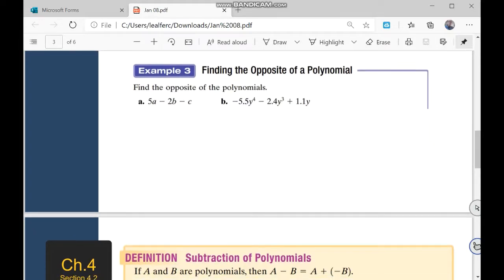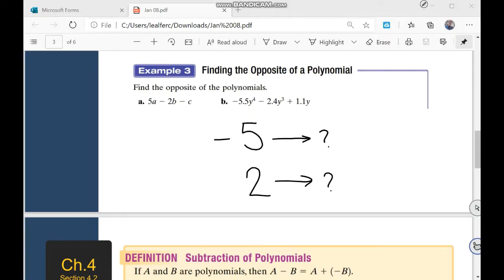Do you remember what opposite means? Let's say we have -5. What's the opposite of -5? Let's say we have 2. What's the opposite of 2? Do you remember this? The opposite. If -5, the opposite is going to be +5, right?